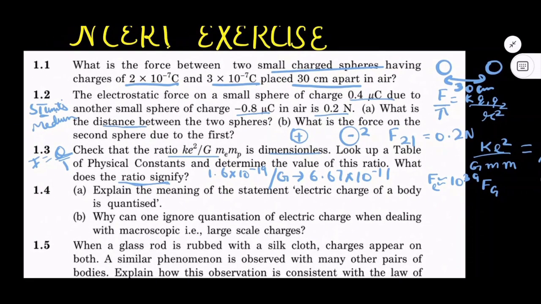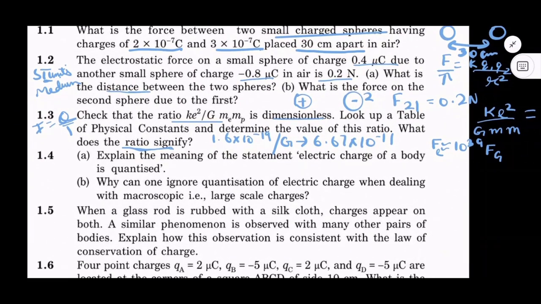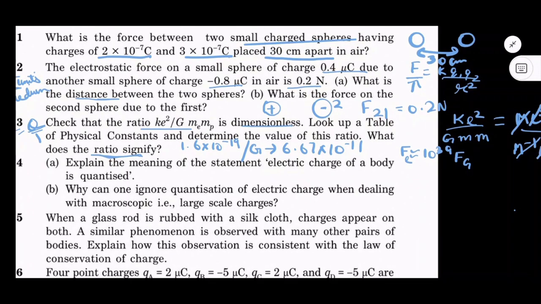Now let's move on to the next question, which says explain the meaning of the statement electric charge of a body is quantized. I have told you this in the very first lecture. It means that the total charge on the body is equal to an integer multiple of the elementary charge.